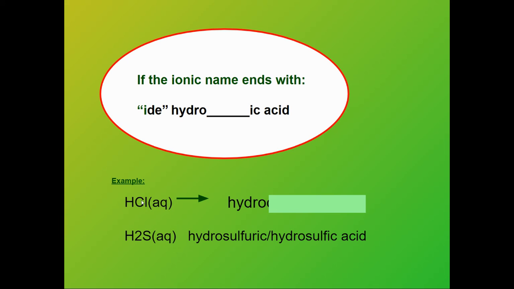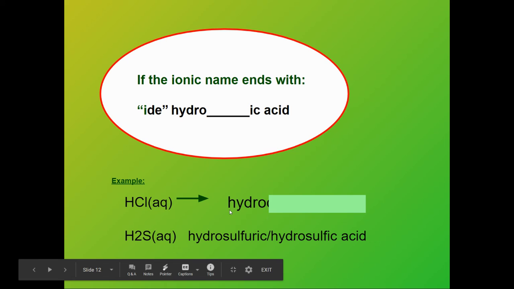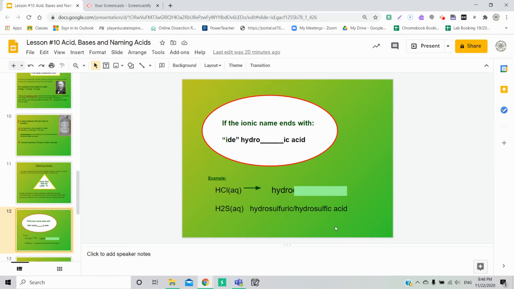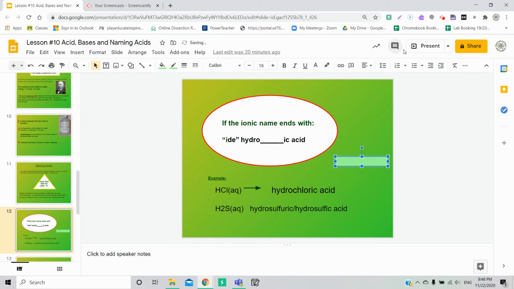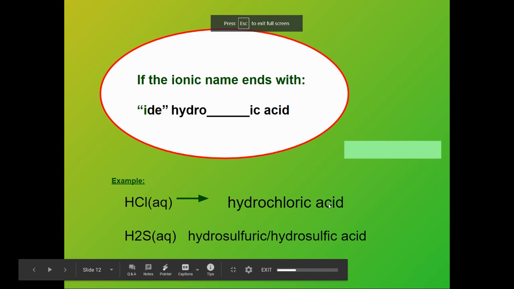You go from hydrogen chloride, combining it as one word, instead of writing hydrogen chloride as two words or hydrogen iodide as two words, into hydrochloric acid.